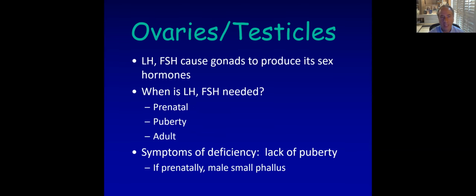So, ovaries and testicles. As someone pointed out earlier, LH and FSH cause the ovaries and testicles to make their sex hormones. And the sex hormone in females is, does anyone know what we measure in the blood if I'm assessing a female of pubertal age? FSH?